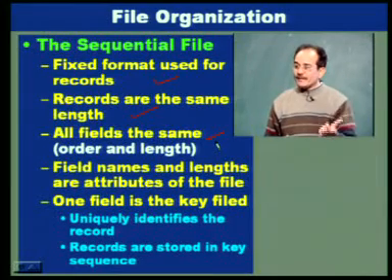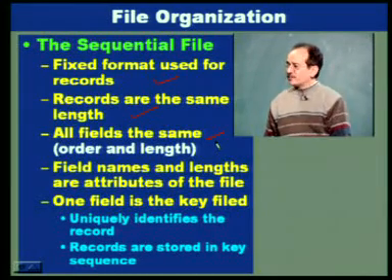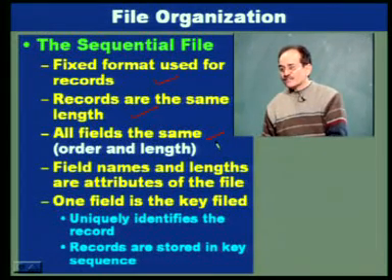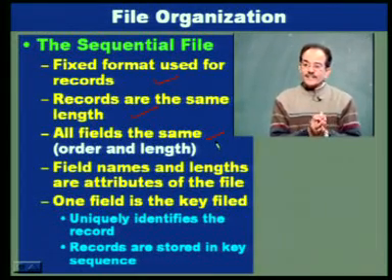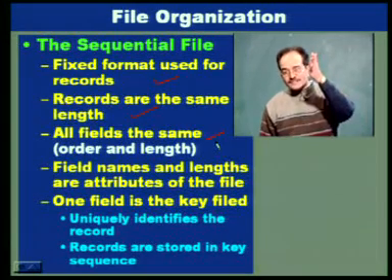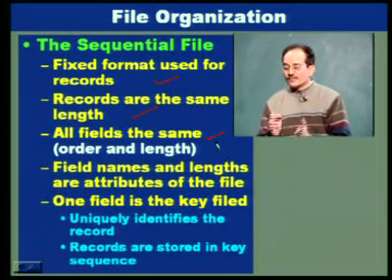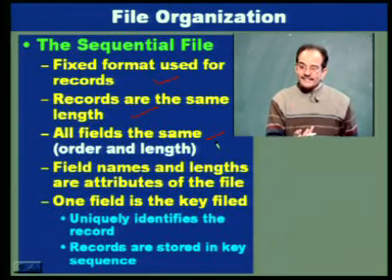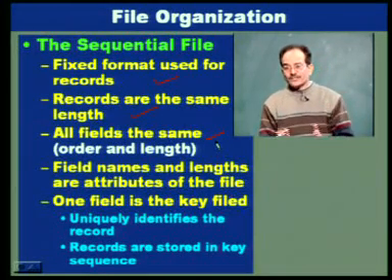If I have name as the first field, in all the records I will be having name as my first field. If I have age as the second field, I will be having age for all of them. If I kept 20 characters for the name, all these names will have 20 characters only. No name can be 25 characters, and even if it is fewer characters, still I will be leaving that space.